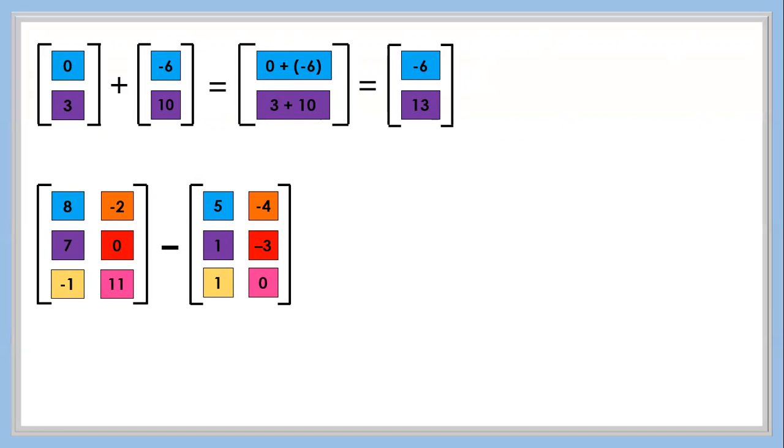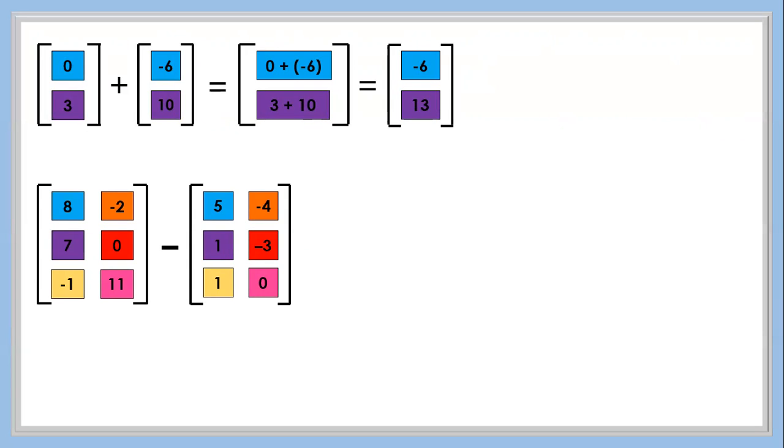Can we subtract these two matrices? Yes, we can. Both matrices are of the same order. Very good. So the order of the first matrix is a 3 by 2. It has 3 rows and 2 columns.